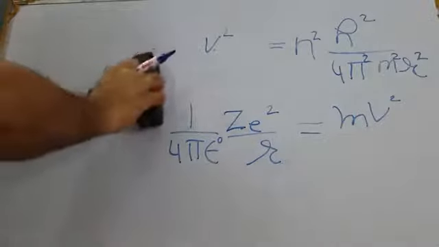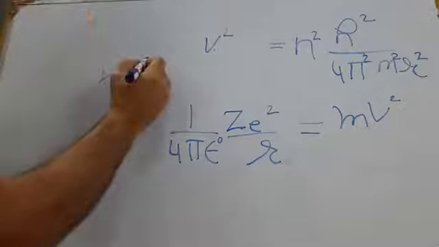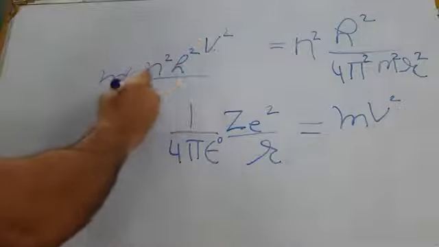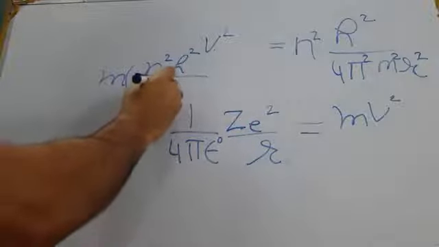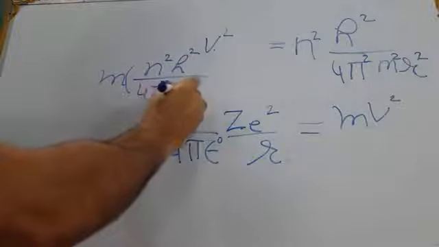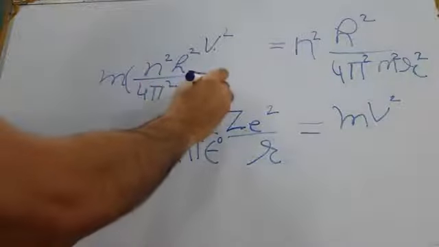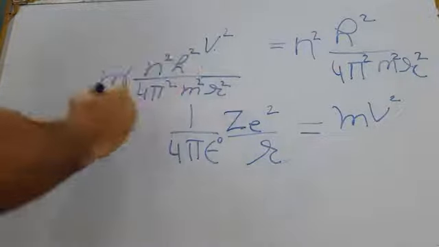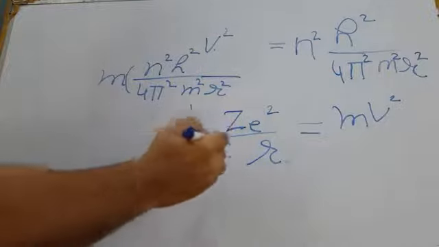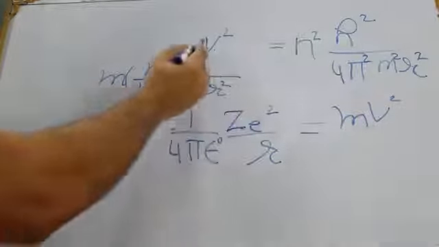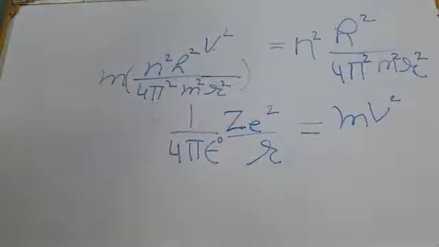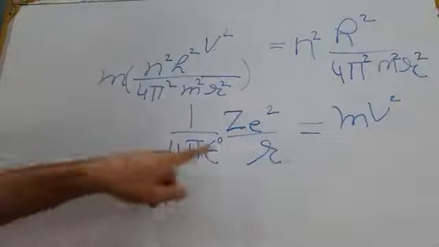Therefore, that comes out to be m square h square upon 4 pi square m square r square. Right? This is the value for v square. So this is m v square. And this m v square should be equal to this.